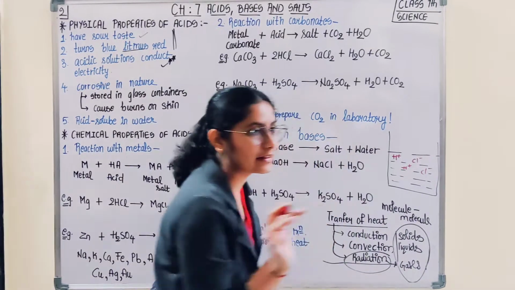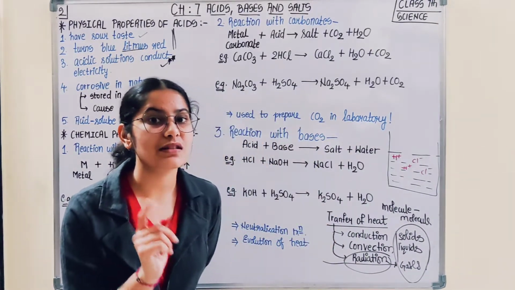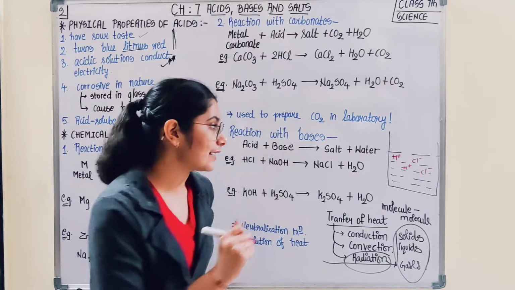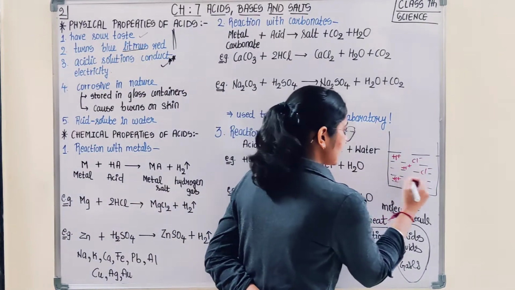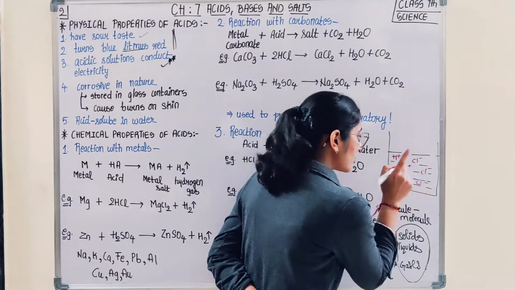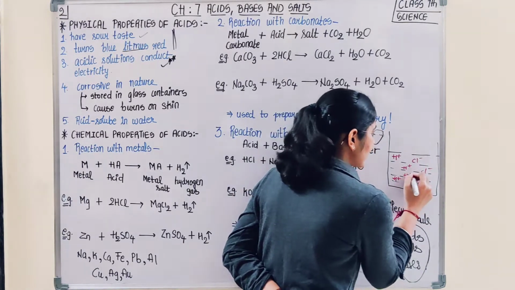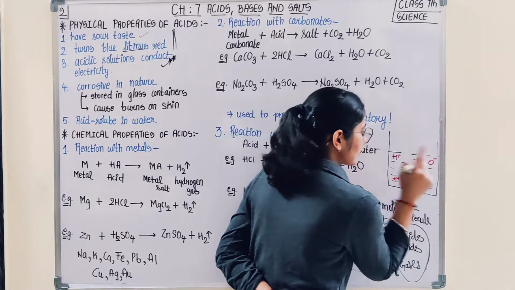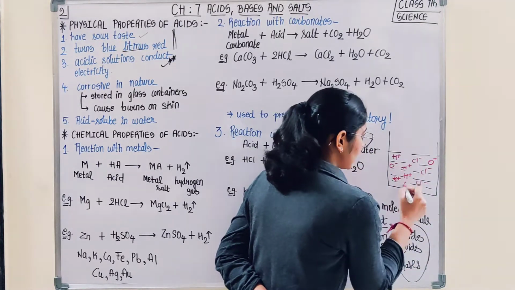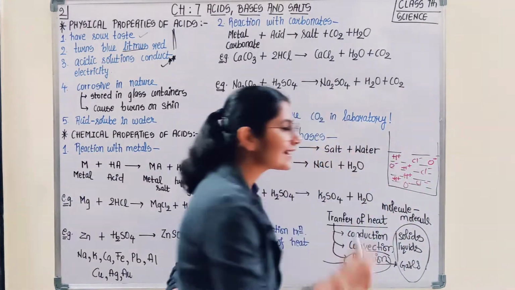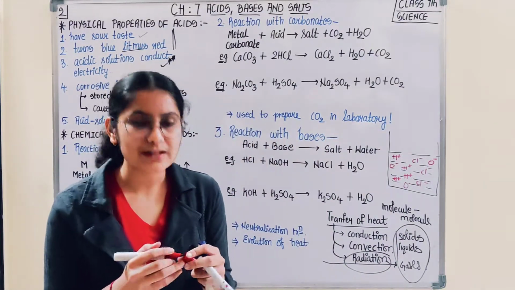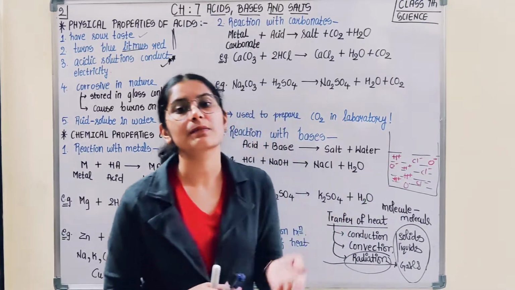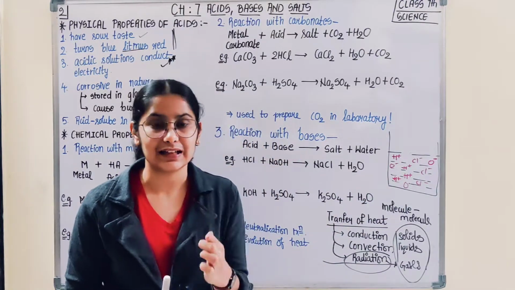These are the ions. Ions are responsible for conduction of electricity. Okay, so these H plus, Cl minus. Now these are not the only ions, water also has H plus and O minus, oxygen. So these are the ions which are responsible for conducting electricity.